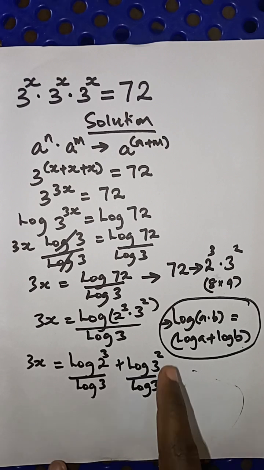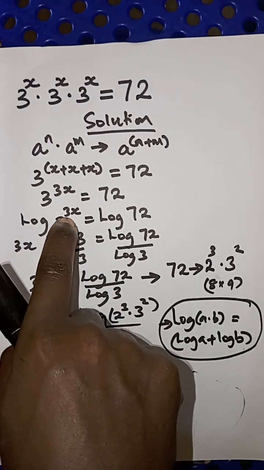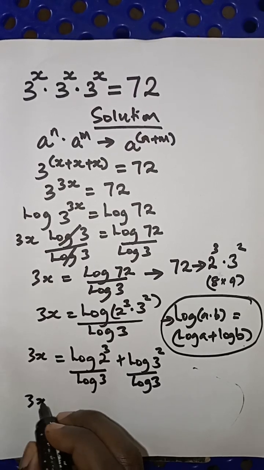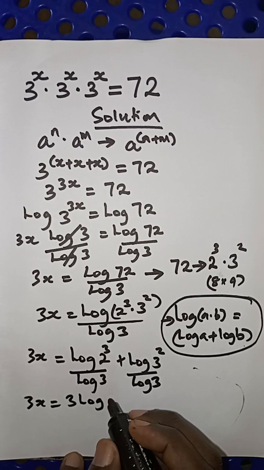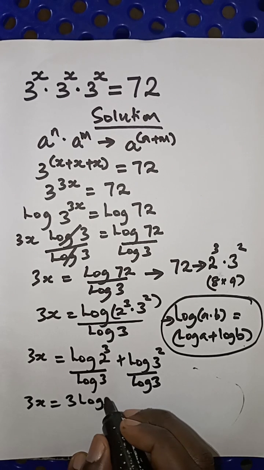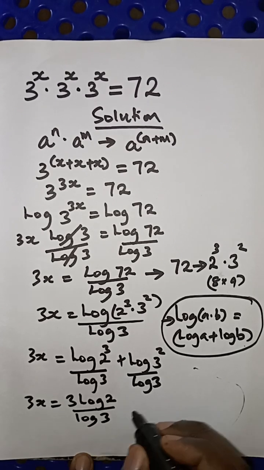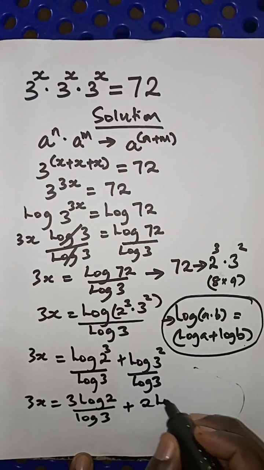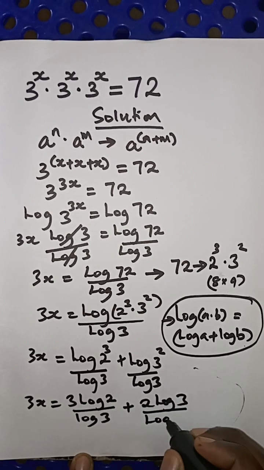Next step, the power can come down from this particular point. Then I have 3x equal to 3 times the log of 2 divided by the log of 3, plus 2 times the log of 3 divided by the log of 3.